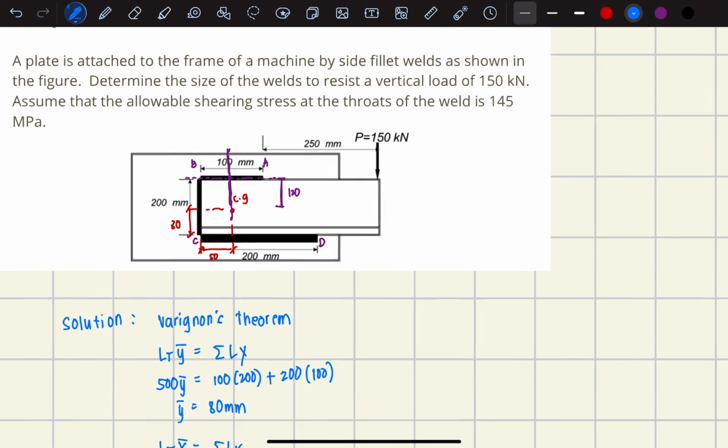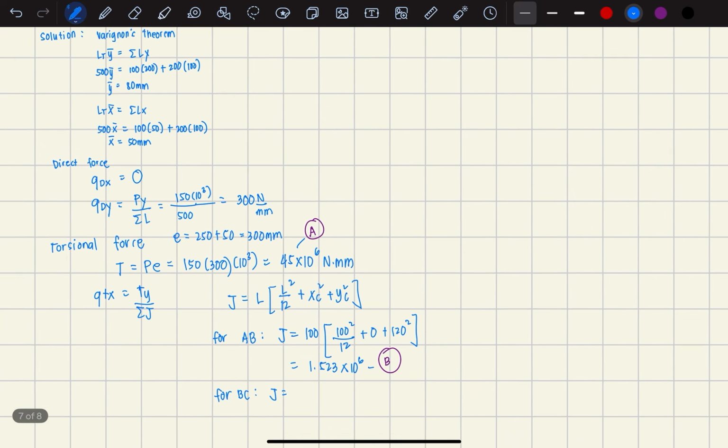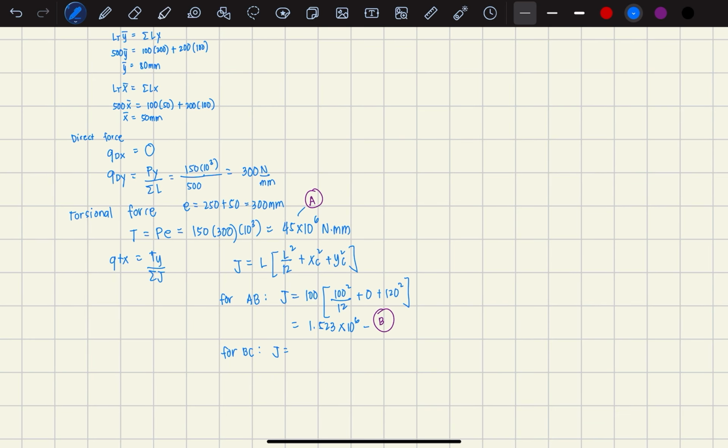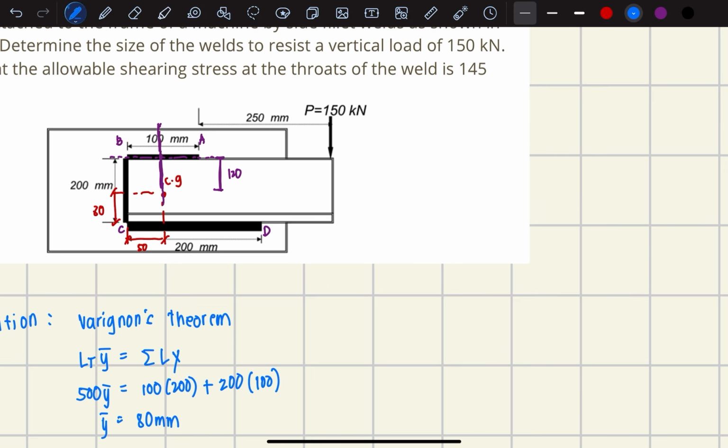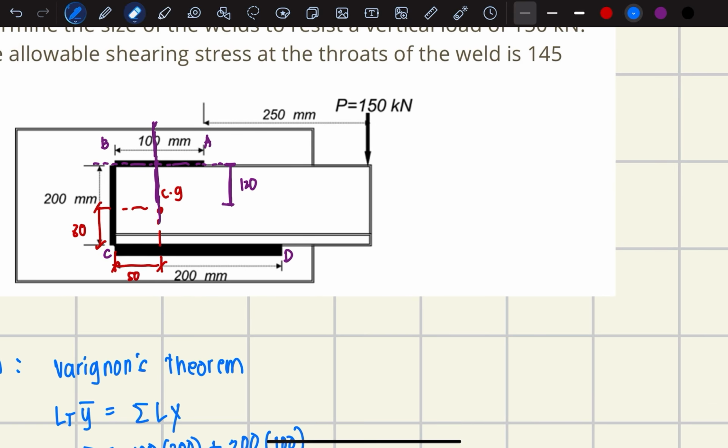So, yung length niya is 200 times 200 squared over 12. So, meron ba siyang x bar? Burahin ko lang para malinis.